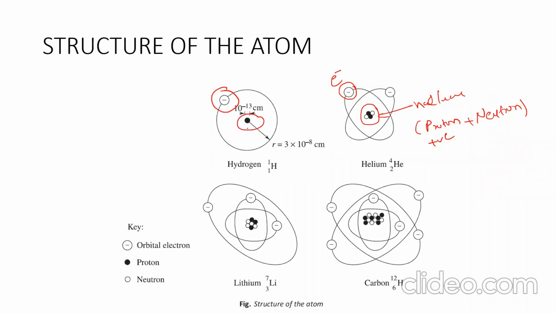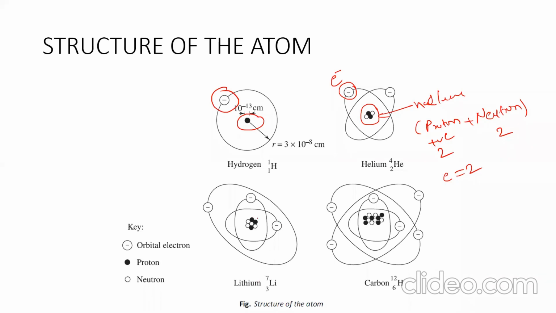Hydrogen is the only element which does not have a neutron. Remember. Helium has two protons, two neutrons, and obviously two electrons. The number of protons is equal to the number of electrons in every case.